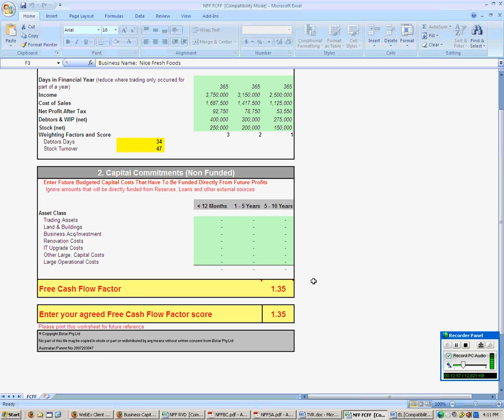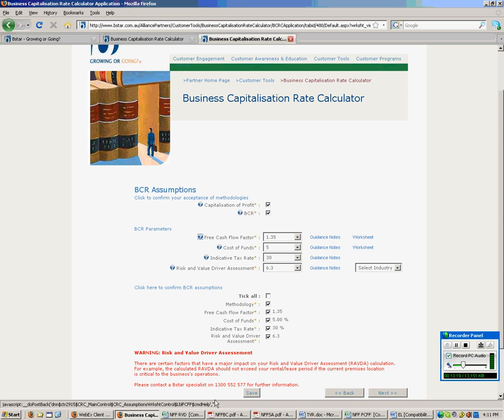The free cash flow factor worksheet will calculate the factor specific to the business being valued, enhancing the accuracy of assumptions. Once the worksheet has been saved and the result entered, alliance partners need to determine a cost of funds and an indicative tax rate.